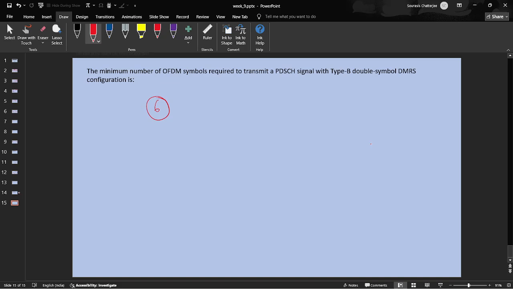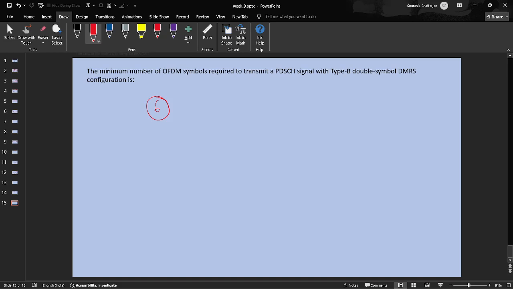I only vaguely remember that table. There are only two configurations possible, right? 6 and 7, if I'm not wrong. There was this table shared during the course.